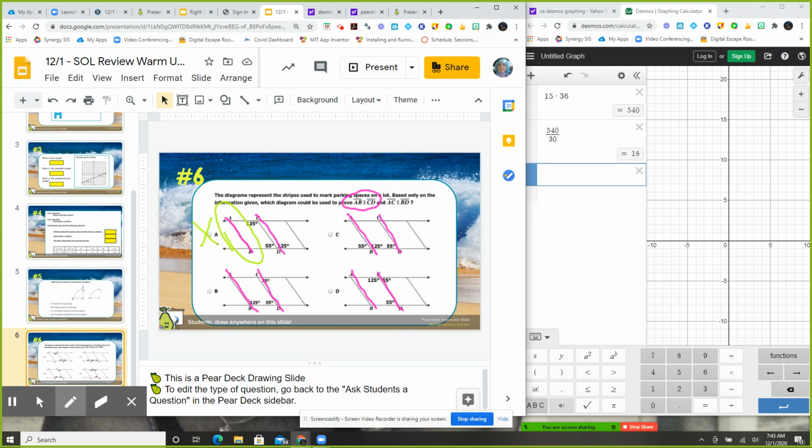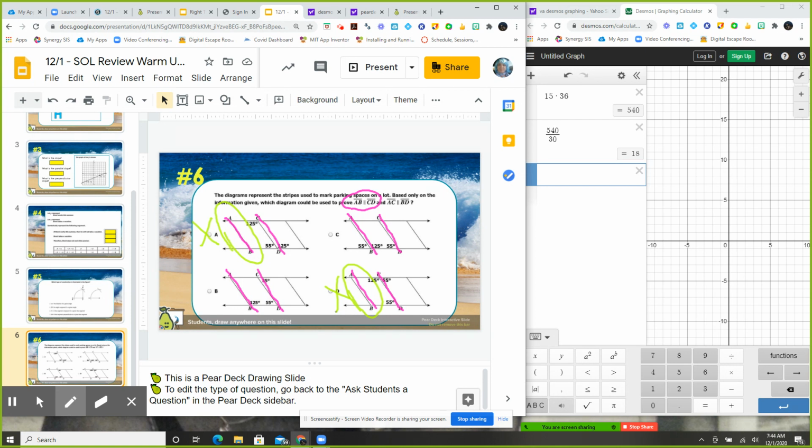It cannot. What other answer choice can I eliminate because there's no angle on AB? D. Absolutely. So it can't be D because there's no angle on AB. I can't prove things parallel if I don't have any information there.